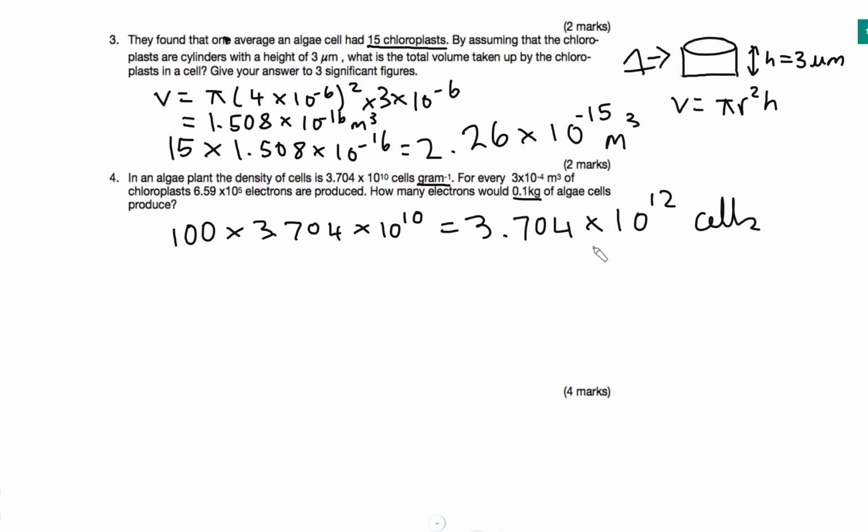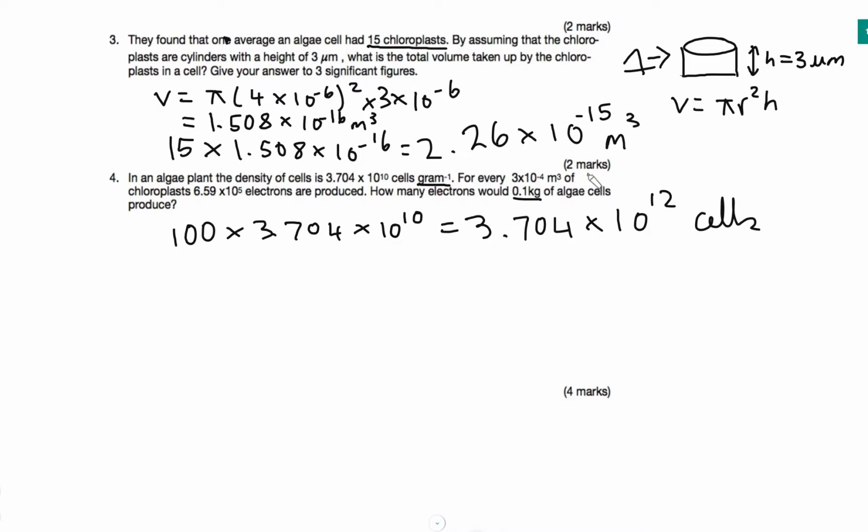The reason we multiply them is because that is cells per gram, and if we multiply it by the number of grams we have, grams cancel, so we're left with just cells.